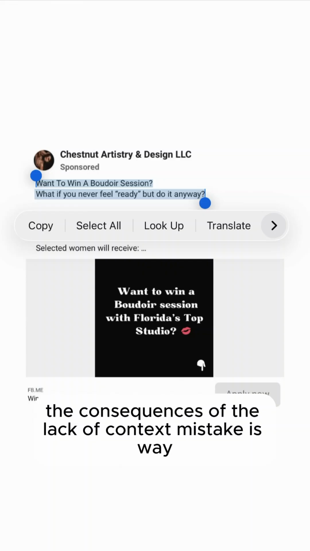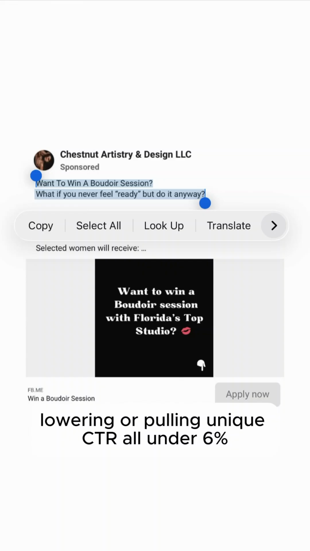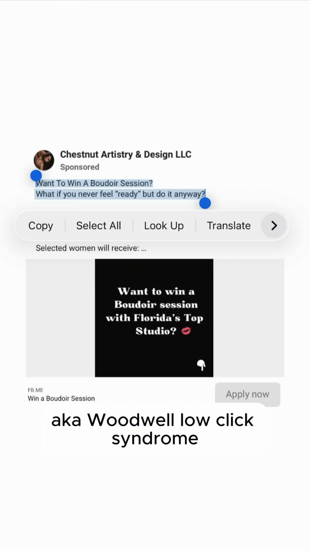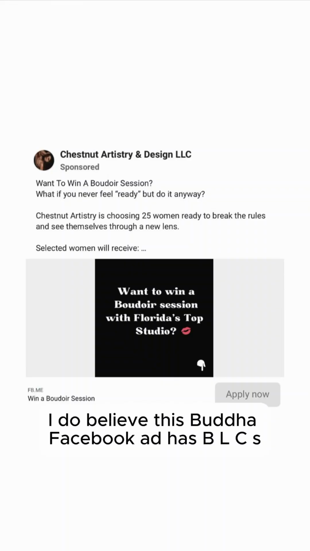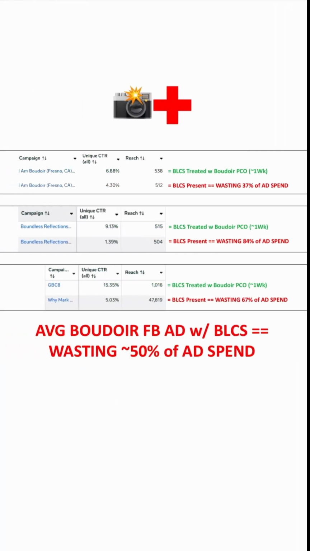The consequences of the lack of context mistake is way more women scrolling by our ad than necessary, pulling unique CTR all under 6%, and increasing the probability that we have BLCS, aka Boudoir low click syndrome. So after looking at all this, my diagnosis is yes, I do believe this Boudoir Facebook ad has BLCS, aka Boudoir low click syndrome.